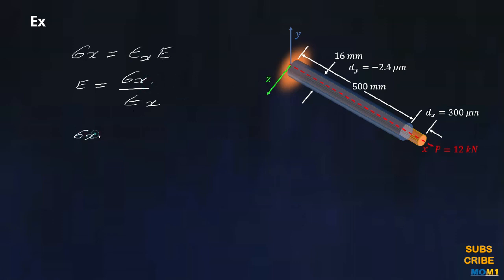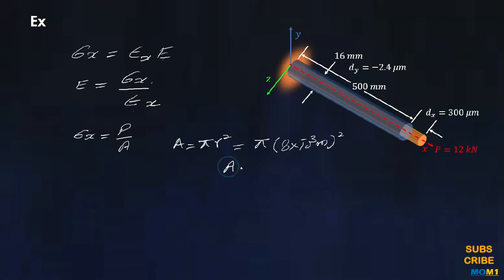For sigma x, that is P upon A, and we know the value of P, that is 12 kilonewton. For area we can use pi r square, so its value is going to be pi into 8 into 10 raised to power minus 3 meter, whole square.